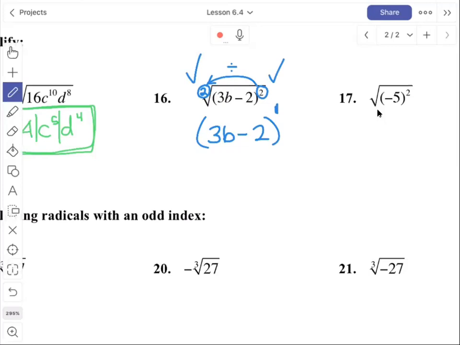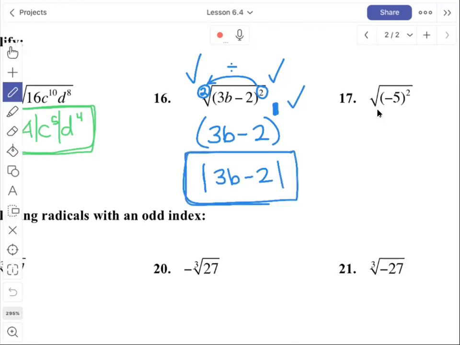Yes. So yes, yes, yes. Then you do need absolute value. You put absolute value around the entire 3b minus 2. All right, good job, Sebastian. Nice. That was a tricky one.